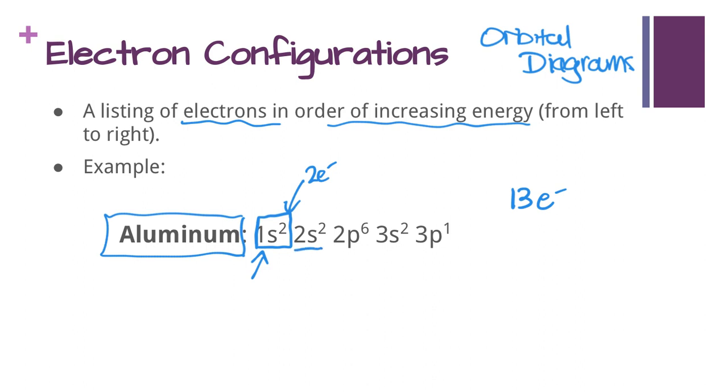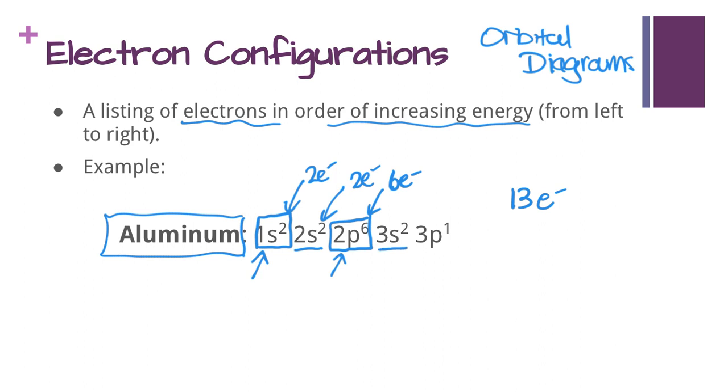The next one filled is 2s, and again, there are 2 electrons in there. The next sub-level that we fill is 2p. Now, instead of writing out 2px, 2py, 2pz, we're just combining them all together to write just 2p, and there are 6 electrons total, 2 in each of the different p orbitals.